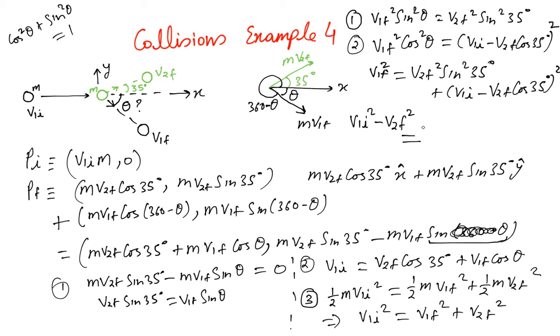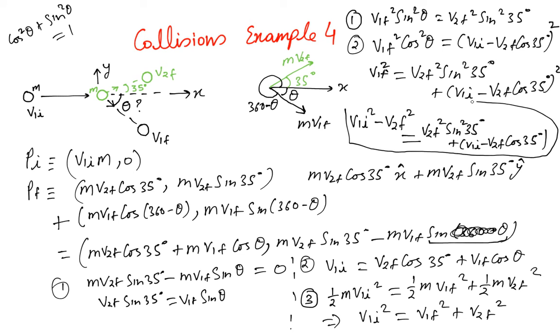So that gives us v2f squared sine squared 35 degrees plus v1i minus v2f cos 35 degrees, right? Okay, let's make an outline here.